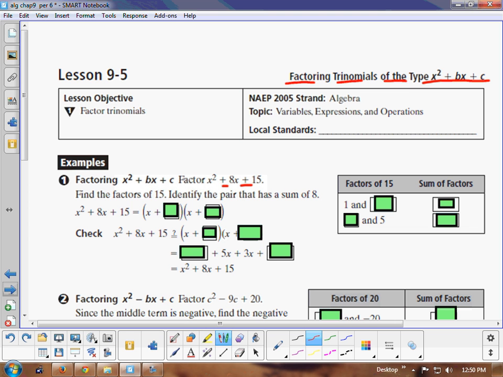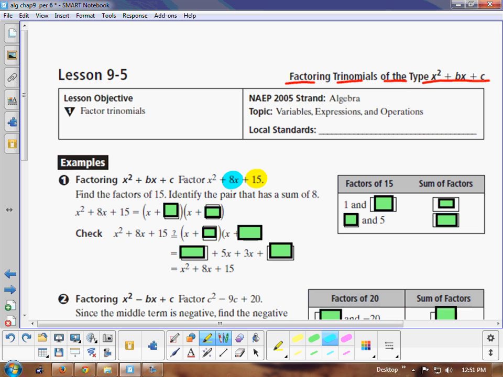So your goal is to do what we just did. And what we just did was we looked at this number, and it has to add up to the middle number. Because when you do the box method, the last number is a combination of the first two, the diagonals multiplied together.